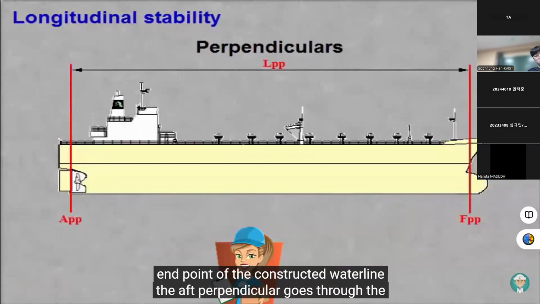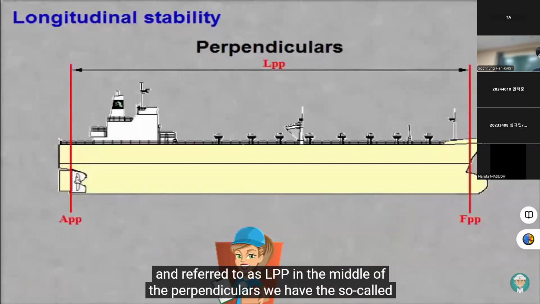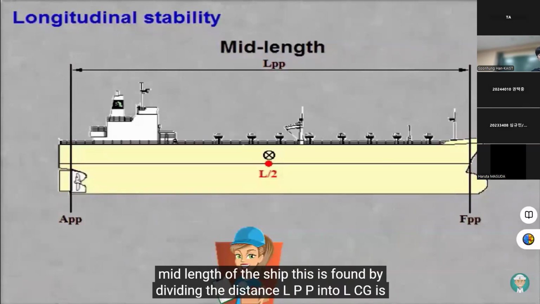The aft perpendicular goes through the rudder shaft. In calculations, the length between the perpendiculars is often used and referred to as LPP. In the middle of the perpendiculars, we have the so-called mid-length of the ship. This is found by dividing the distance LPP in two.